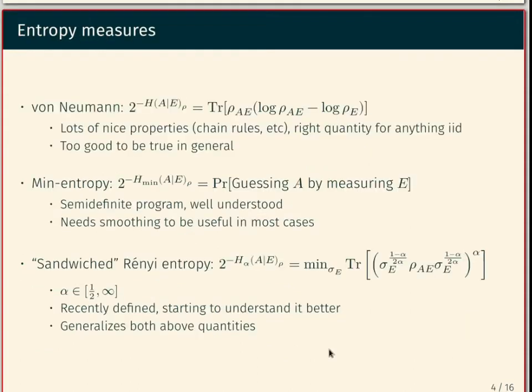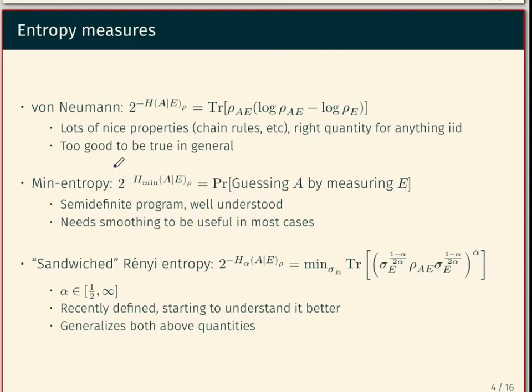Okay, so I said 2 slides ago that we need some sort of measure of information or of uncertainty in the state rho AE. So we need to measure how much uncertainty there is in A given E here. So how can we measure this? Well, there are many choices available.